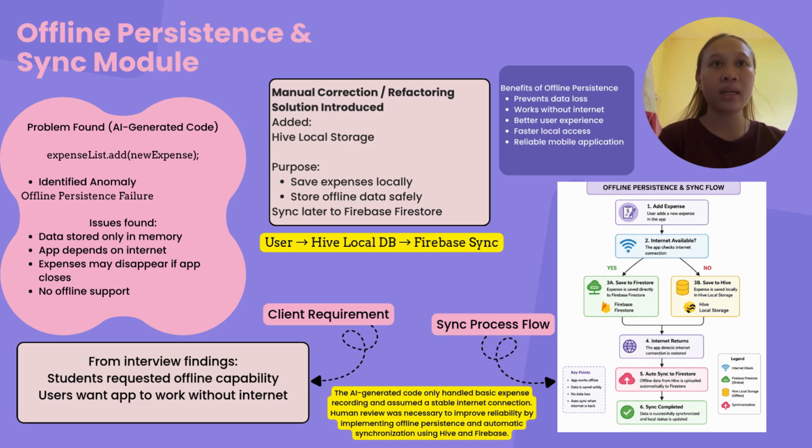If the internet is not available, the expense is saved locally in Hive local storage. Later, once the internet connection returns, the application automatically uploads the offline data to Firebase, and this ensures that all expenses recorded remain safe and synchronized in Firebase and Hive local storage.